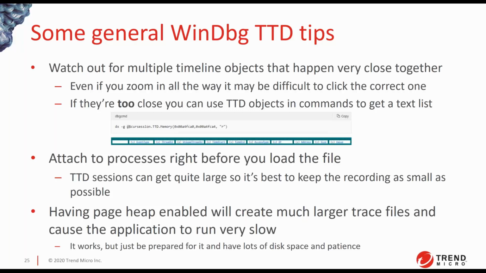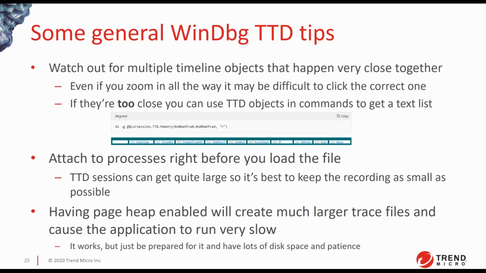Lastly, having page heap enabled, which is where memory allocations are placed at the end of the page, means that if you have an incorrect memory access, it'll cause an instant crash in the program. For researchers like us hunting for a vulnerability, we frequently have page heap enabled, so we know exactly when we've hit an incorrect memory access.